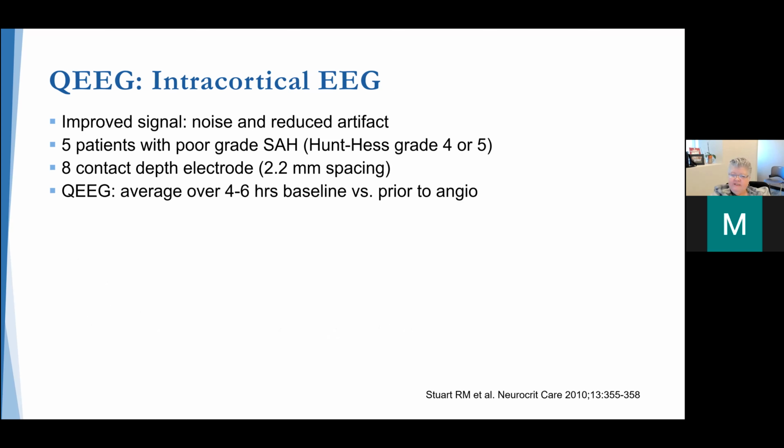One way to increase the sensitivity and improve the signal to noise ratio is to use intracortical EEG. This study from the Columbia group looked at 5 patients who had poor grade subarachnoid hemorrhage and looked at an 8 contact depth electrode to monitor for ischemia.